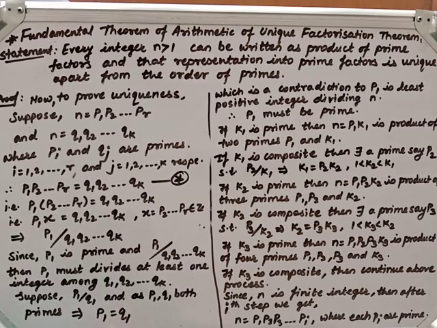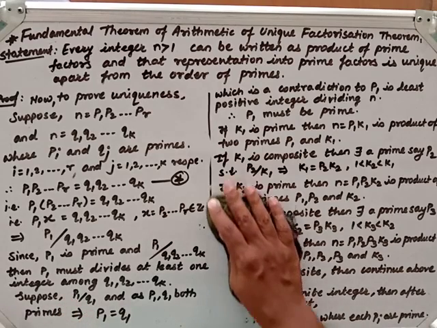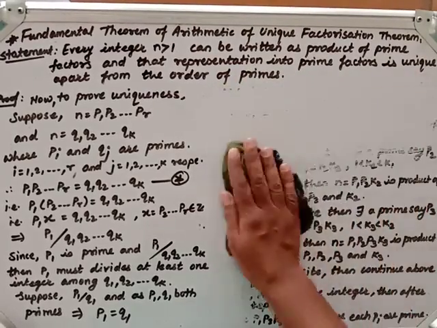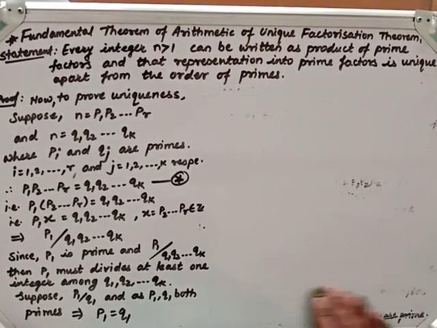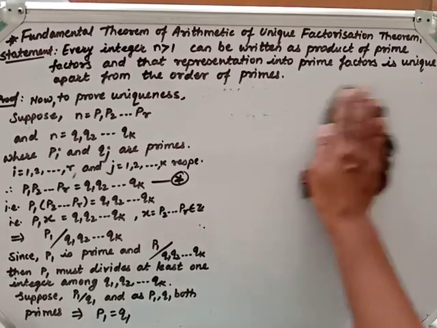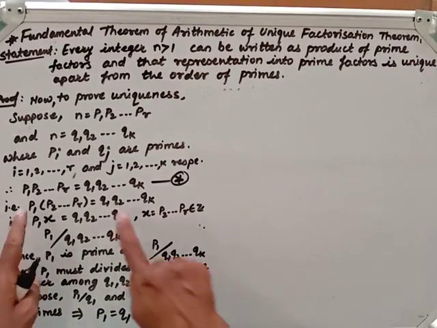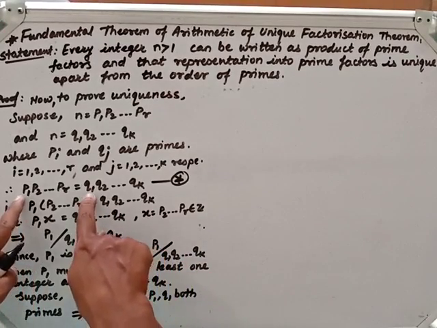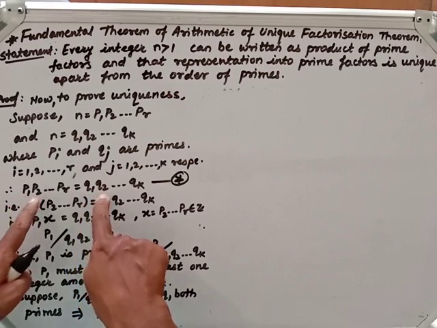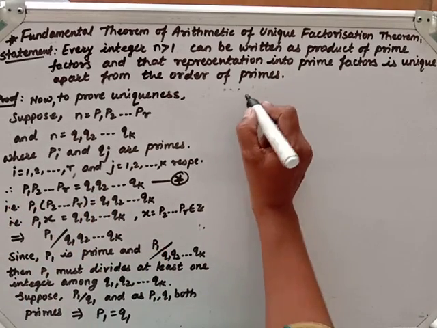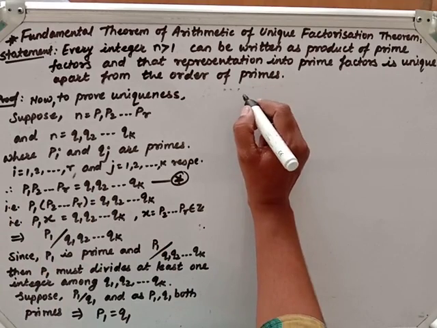We have seen that in the note after the definition of prime numbers: if both are primes and one of them is a divisor of the other, then they must be equal. So p1 equals q1. And if p1 equals q1, then here these may cancel.